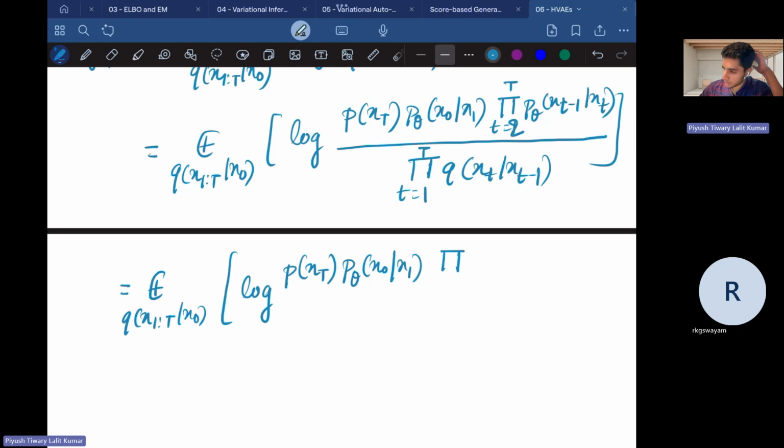What I'm going to do is start the indexing from t equal to 1 instead of t equal to 2, and instead of taking it to capital T, I will stop it at t minus 1.